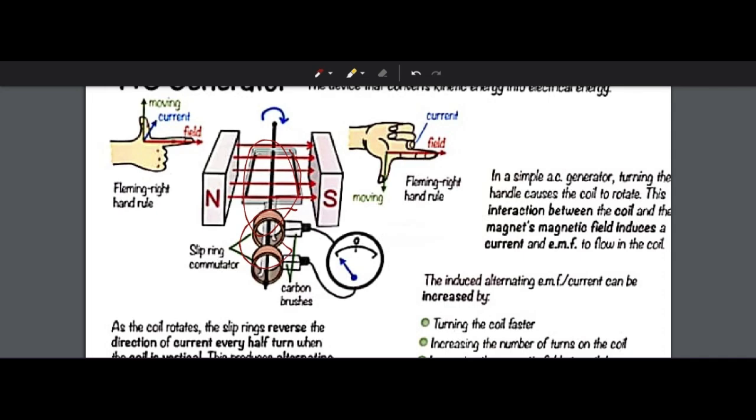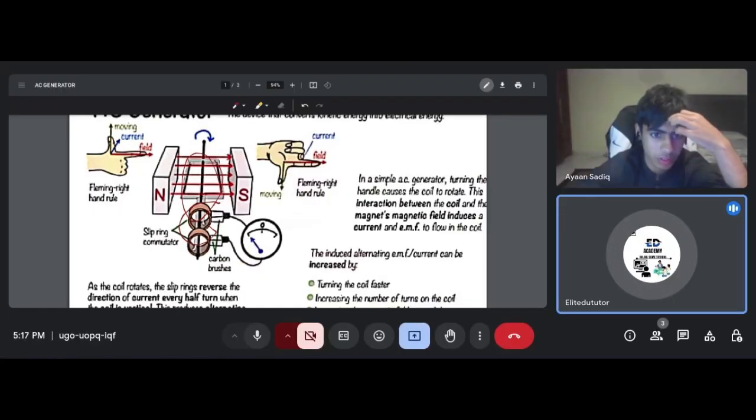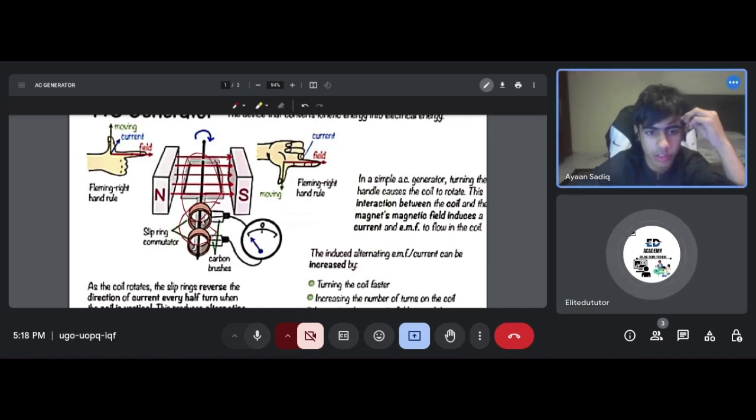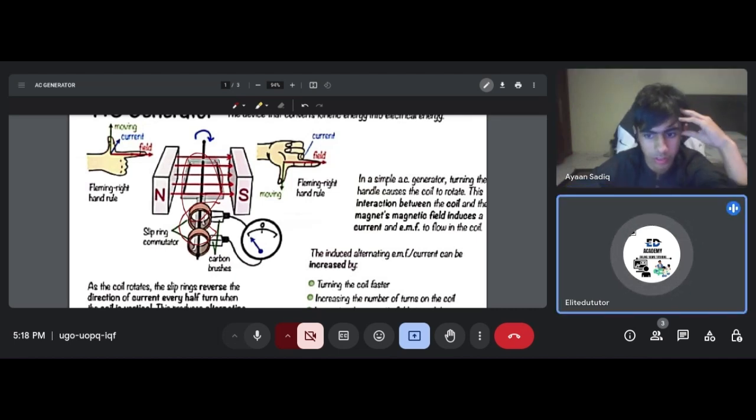I will show you the video after the class, in which you can see how the AC generator works, how the coil rotates and the field lines interact with that coil, and they induce a current and EMF to flow in the coil. Did you get the concept, Ayan? Yes. Okay, and the direction of induced current in the coil can be determined by the Fleming right hand rule.